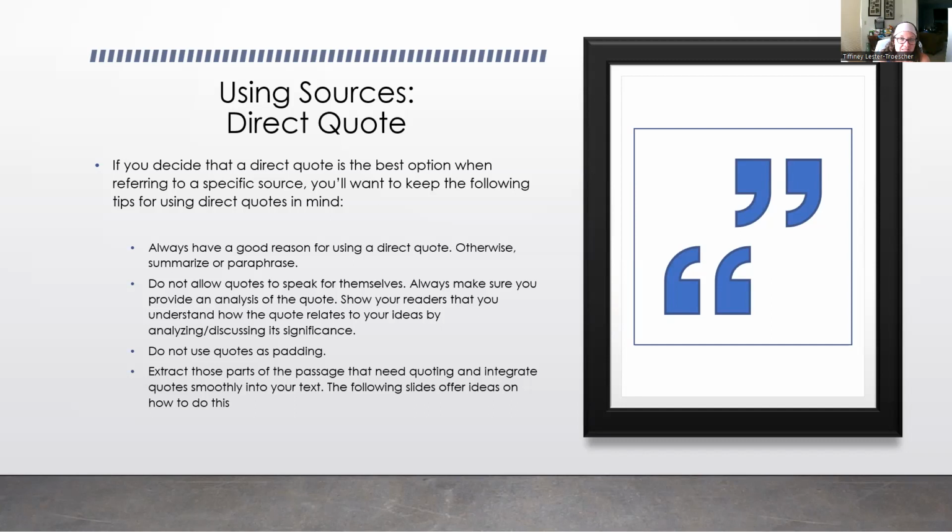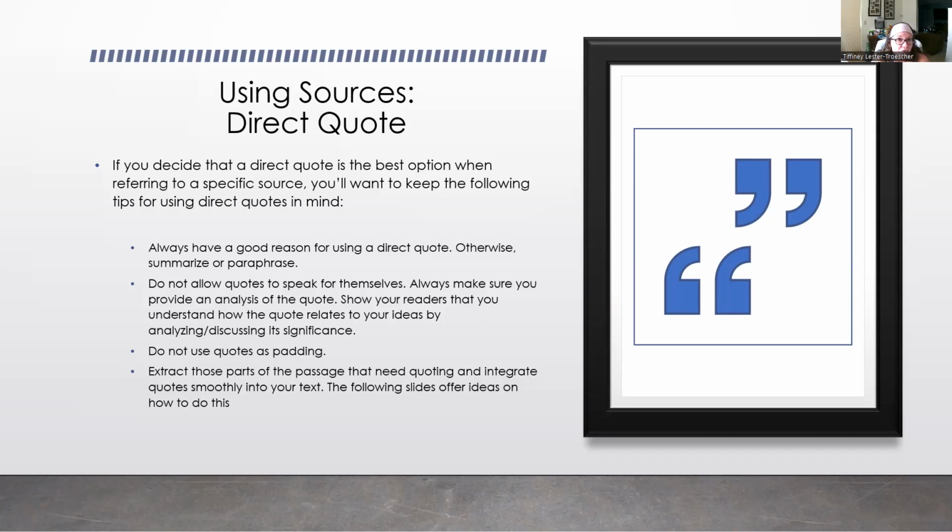Let's say there's a small paragraph in your source, and there are things in three different sentences that you think need to be provided word for word. But not necessarily all three sentences from start to finish, one right after another. You just need this section of the first sentence, this section of the next sentence, and this section of the last sentence.